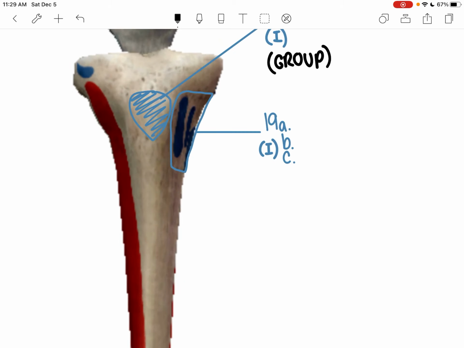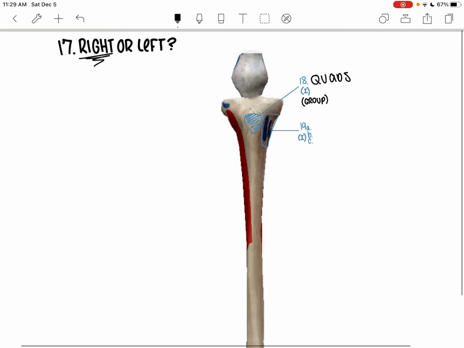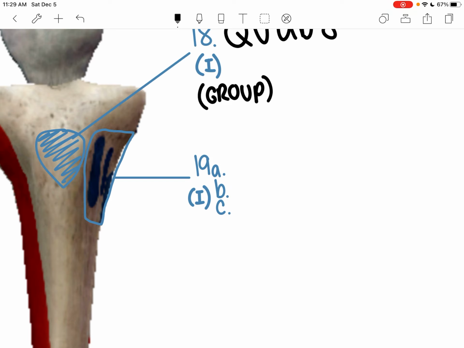All right, number 19, 3 muscles that insert right under that medial tibial plateau. Maybe you've heard the acronym that some of the TAs shared, Sargent.